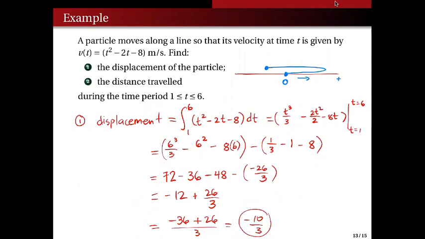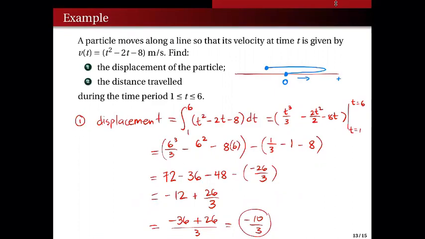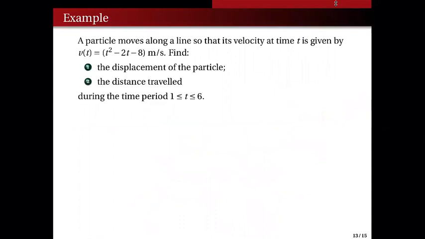What about the distance traveled? For the distance traveled, we start with the absolute value. So here we have number 2. We start with the absolute value of v of t. How do we calculate this?